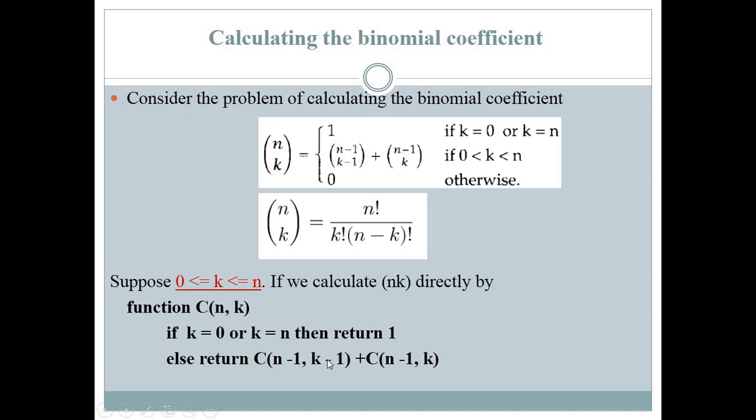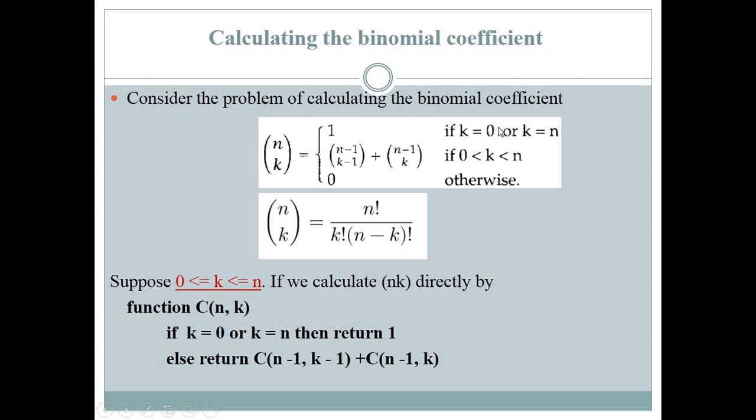So n minus 1, k minus 1 will be an index of a two-dimensional array, so we can find the value of n minus 1, k minus 1 directly from that place. That will be in case k is greater than 0 and less than n.